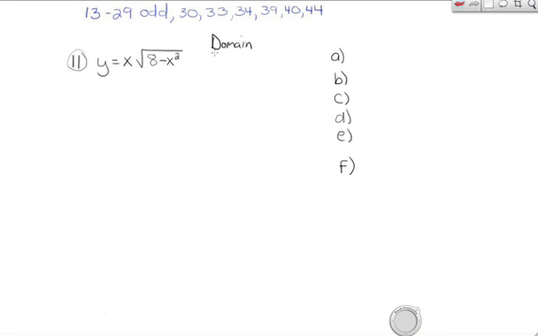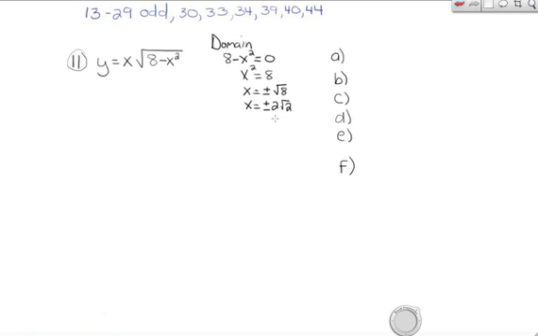So what I really want to know is, when is 8 minus x squared equal to 0? And that would be at x squared equals 8, or x equals positive and negative the square root of 8, which simplifies to positive and negative 2 square root of 2.